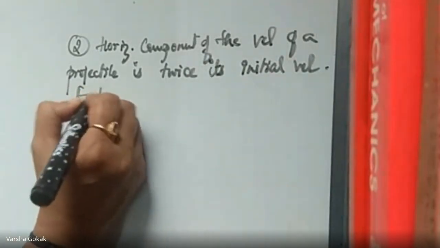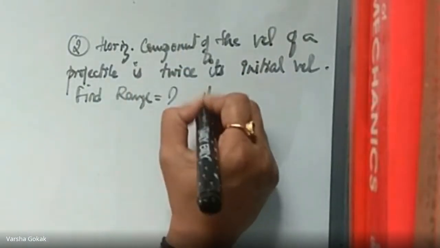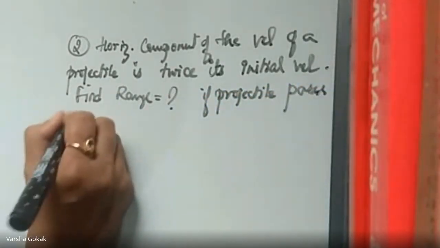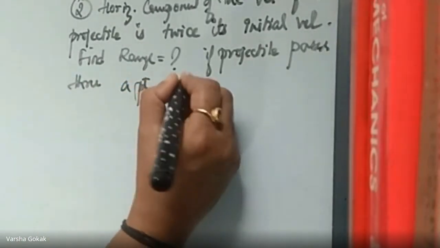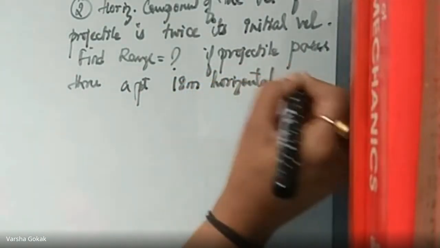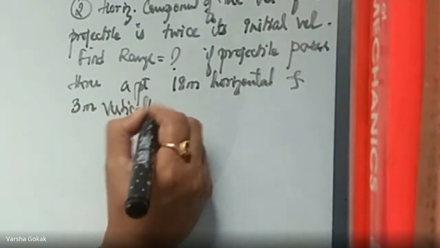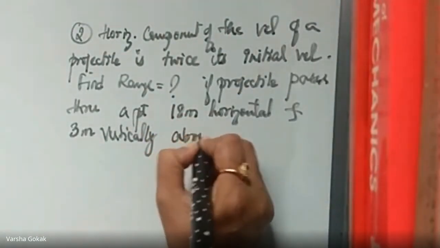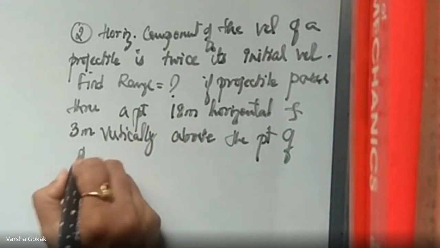Now, through this, find the range on the horizontal plane if the projectile passes through a point 18 meters horizontal and 3 meters vertically above the point of projection.